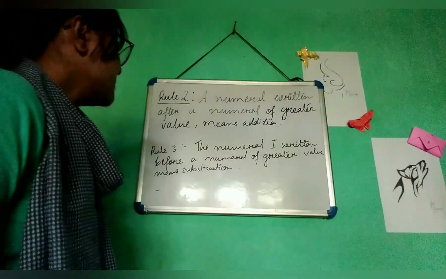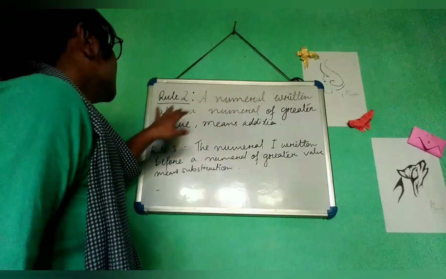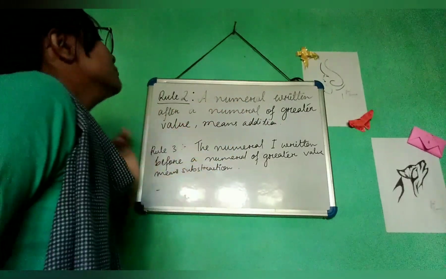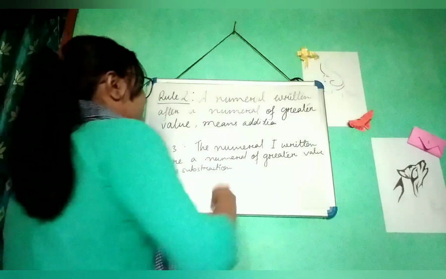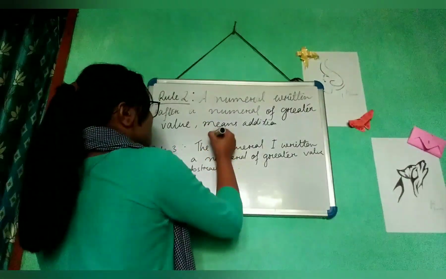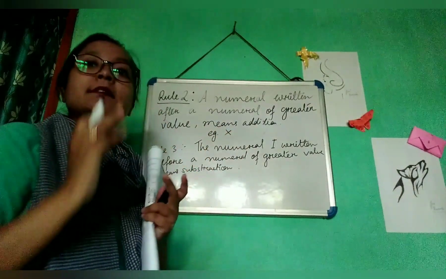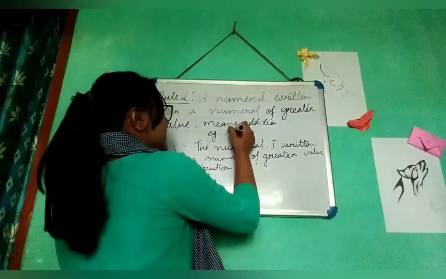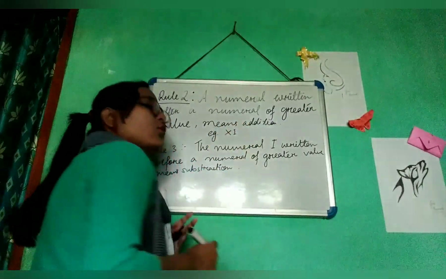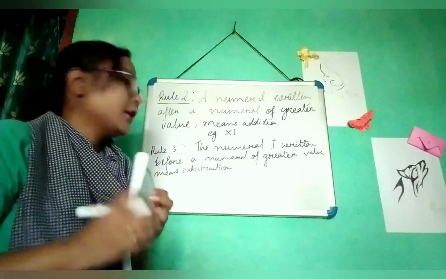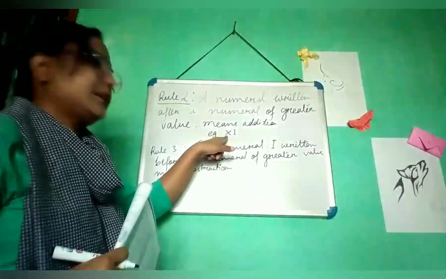Rule number 2 is that a numeral written after a numeral of greater value means addition. For example, X means 10. If I give I, whose value is 1, X is the greater value.